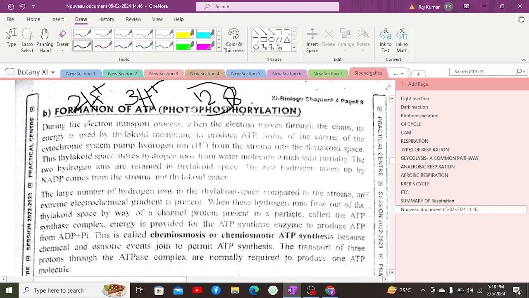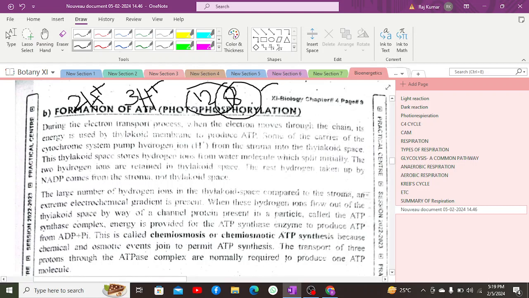Now we need 12 NADPH2, which means 24 protons required for 12 NADPH2, and 18 ATP molecules, which means 3 into 18, sorry, it's 3 18s, 54 protons. 54 plus 24 is 78. So 78 protons are required in this case during the electron transport process.